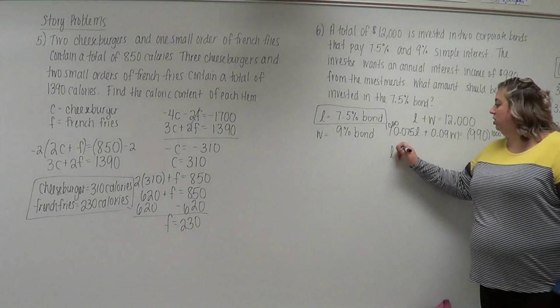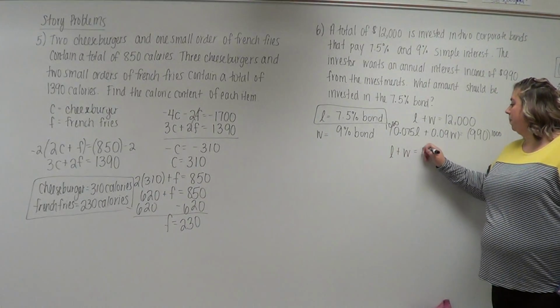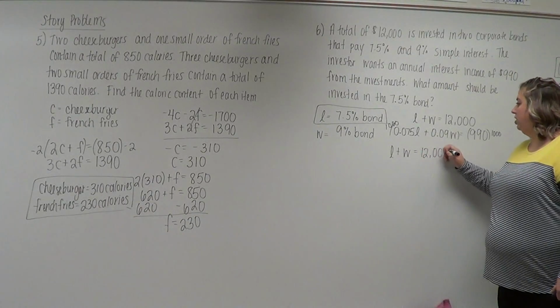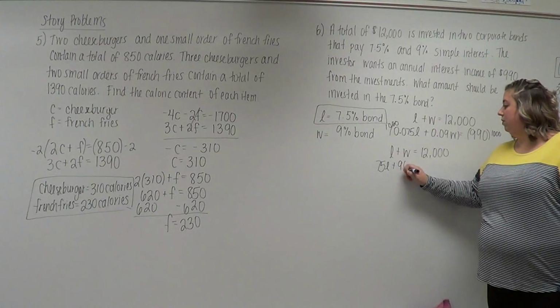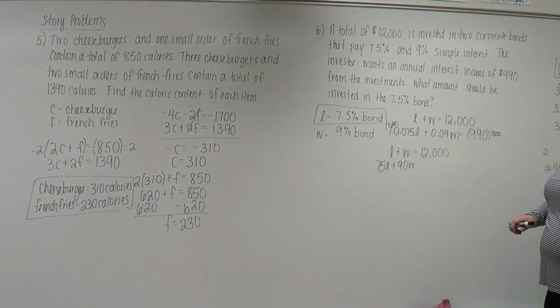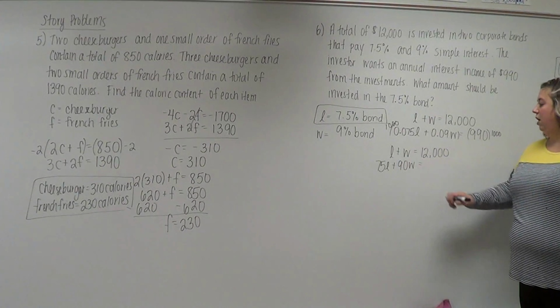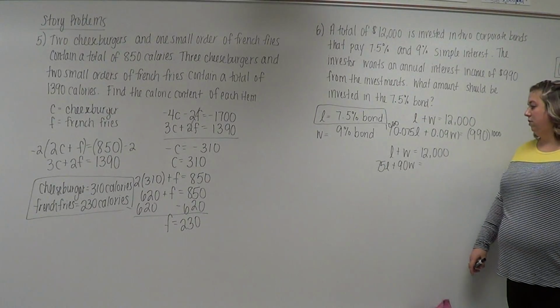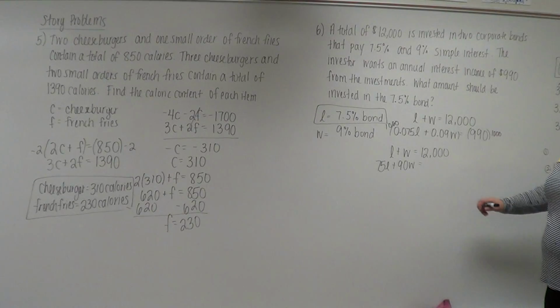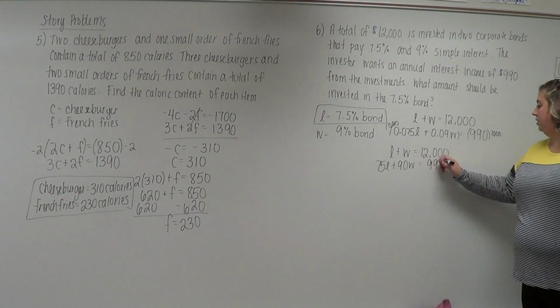So my first equation is still the same. My second equation now would become 75L plus 90W equals 990,000.